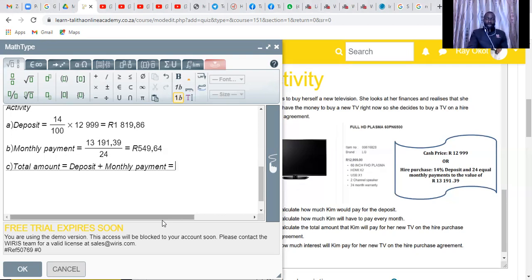Well, the deposit is 1,819 point what? 86.